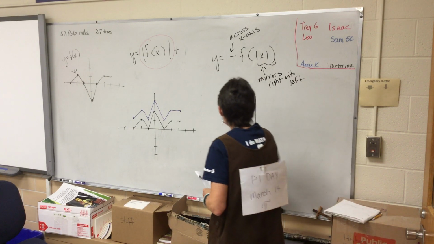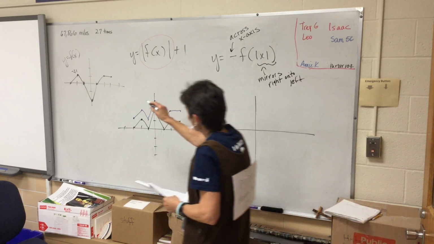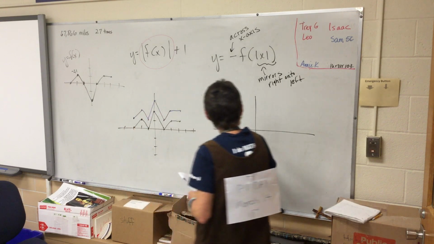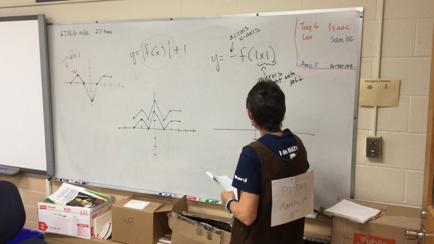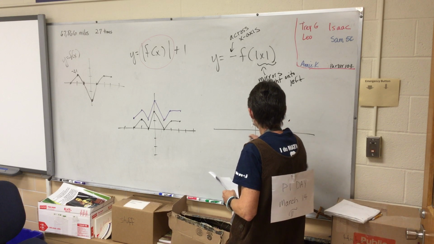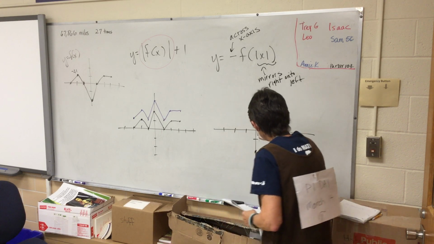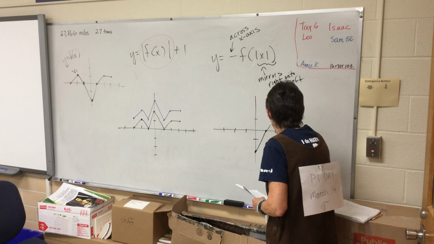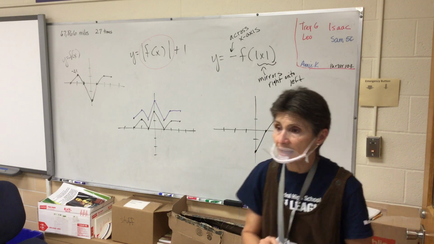So I'm going to start with that. Back to my original, I draw the right side exactly as it is. So here it is, the right side of the picture exactly as it is.